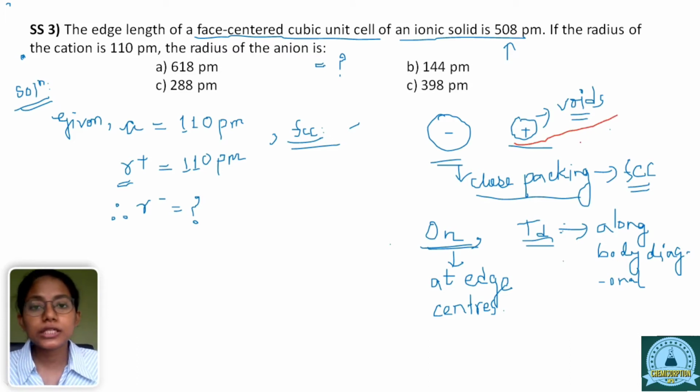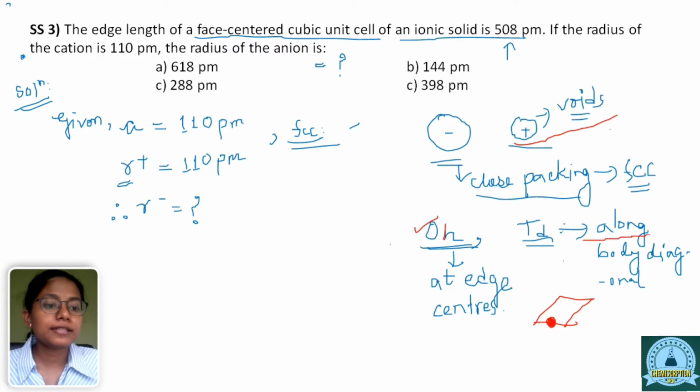Since the question does not mention whether they occupy octahedral or tetrahedral voids, we will see which is possible. Octahedral voids are situated at the edge center. Edge center means if this is the cube, then they are situated here. And tetrahedral voids are situated along the body diagonal.